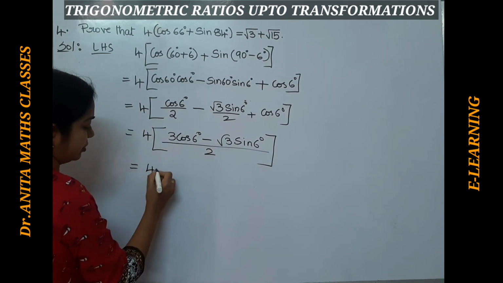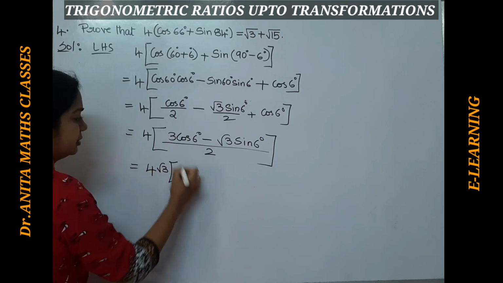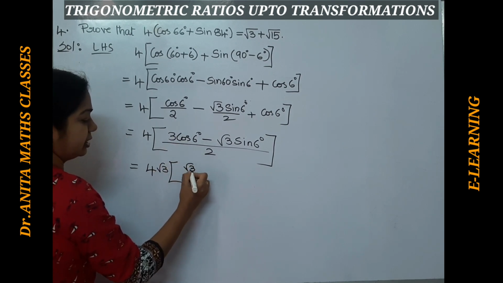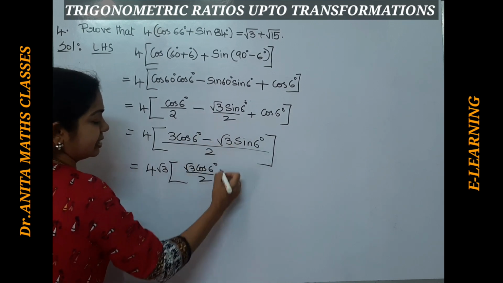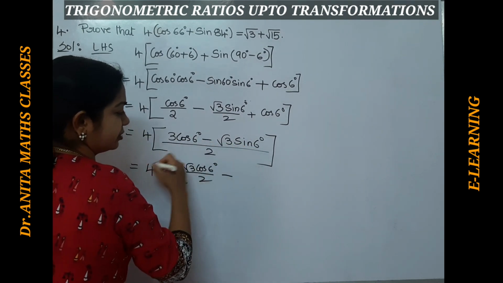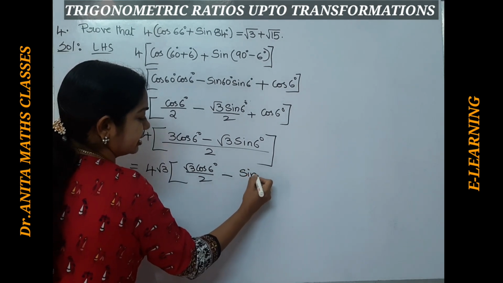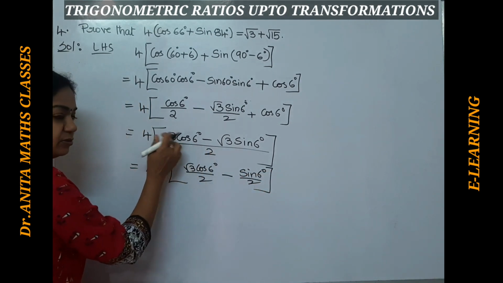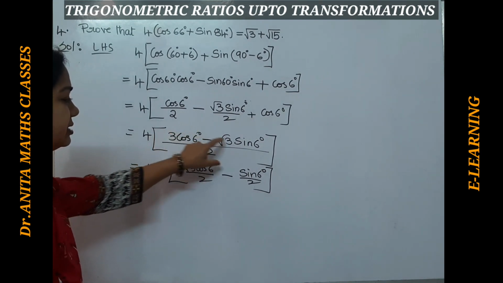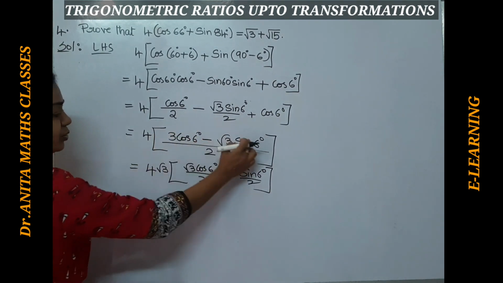Let me take root 3 common here, so that we have one more root 3 cos 6 by 2, minus sin 6 degrees by 2. What I have taken? I have taken root 3 out and I have split this LCM, so 2 to both these.